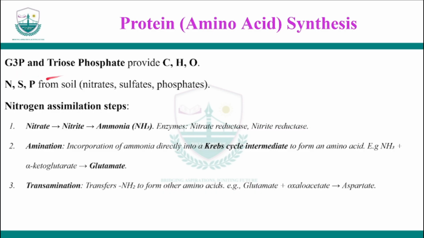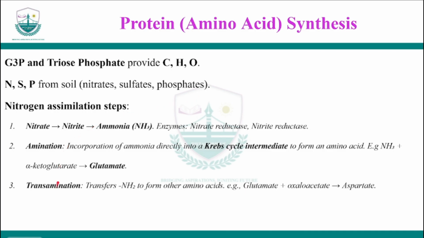But also know that proteins contain nitrogen, sulfur, and phosphorus. So where do they get these? Basically from the soil, by absorbing these nutrients as nitrates, sulfates, or even phosphates.